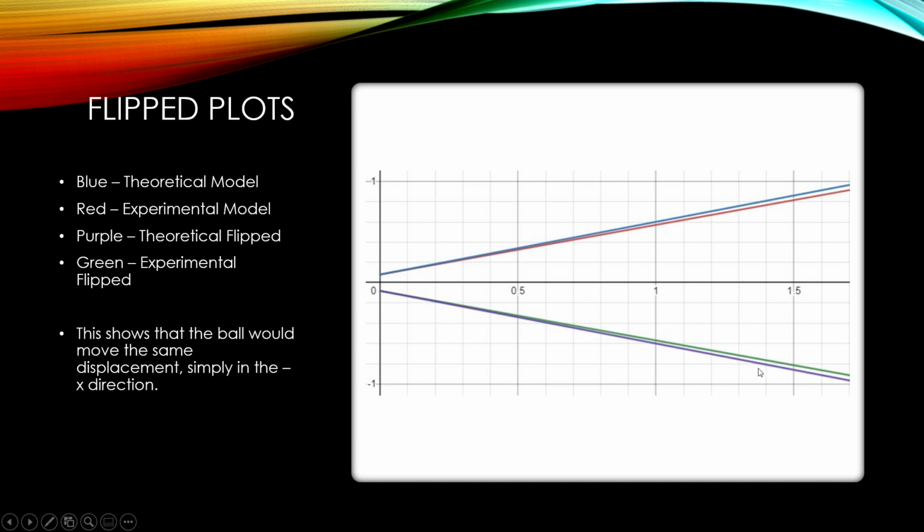The purple is the theoretical flipped, and the green is the experimental flipped. You can see that it's just flipped over the x-axis, and this shows that the ball would have the same displacement but move in a different direction. They would both go the same distance away from the origin, but in different directions. This would be moving right if you take right to be positive, and this would be moving left.